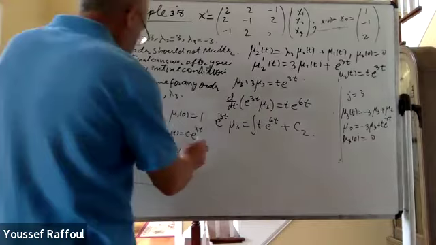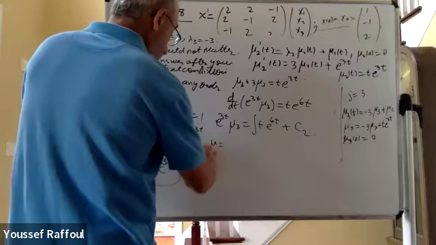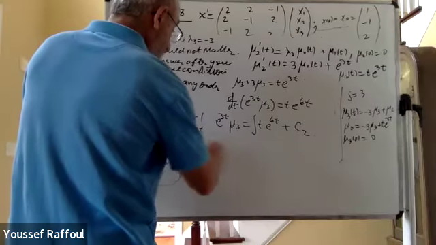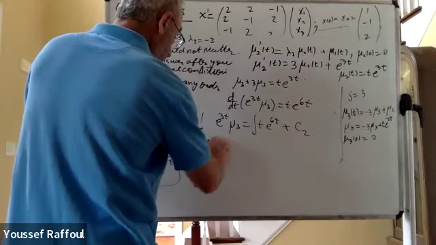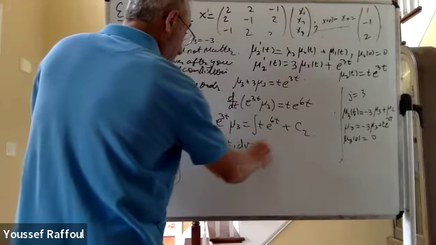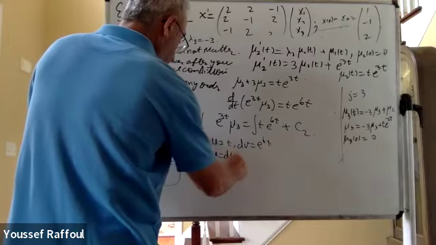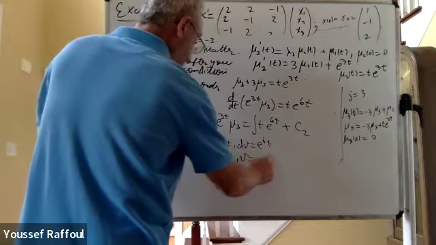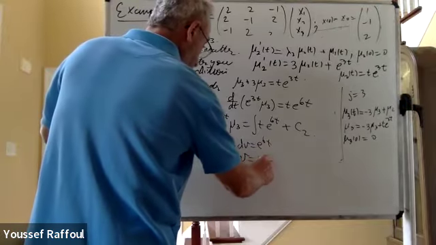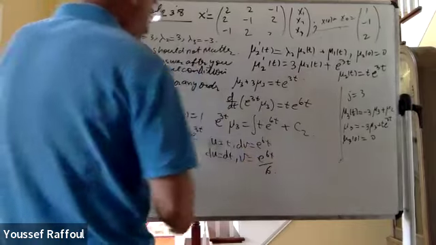Well, we're going to do this integration by parts. We're going to take u equal t, and dv is e to the 6t. So du is dt, and v is e to the 6t over 6.